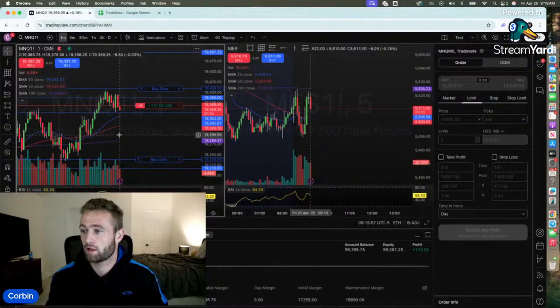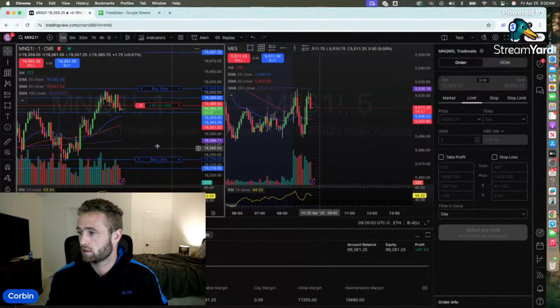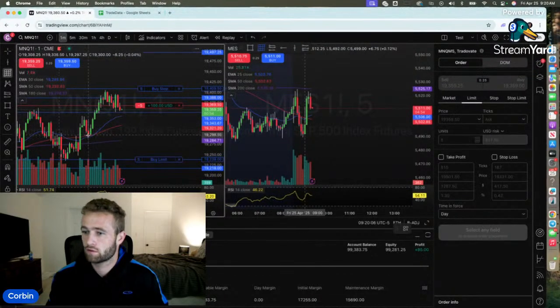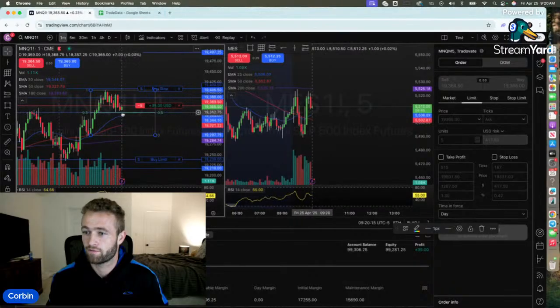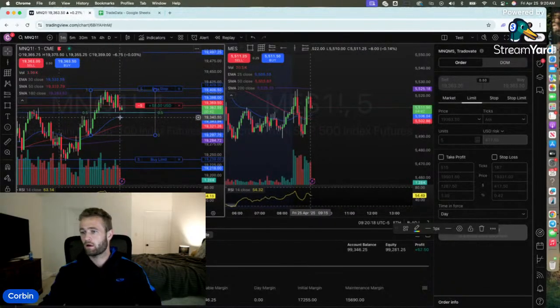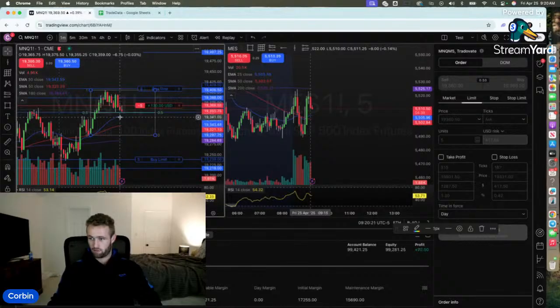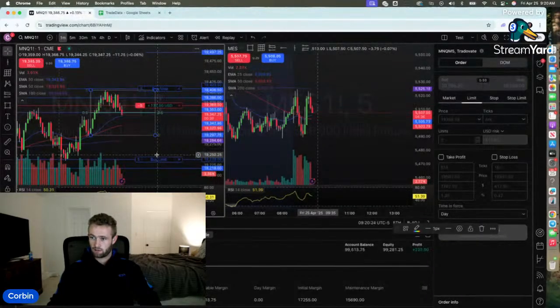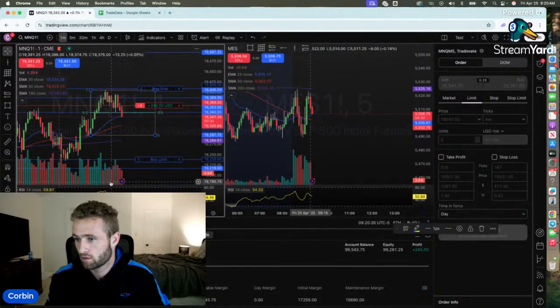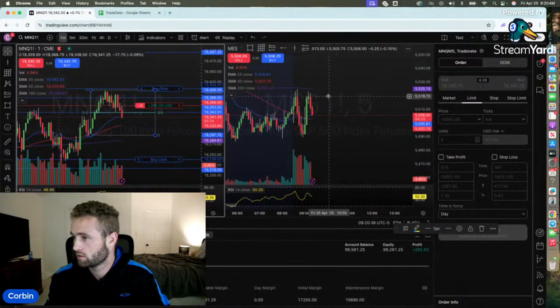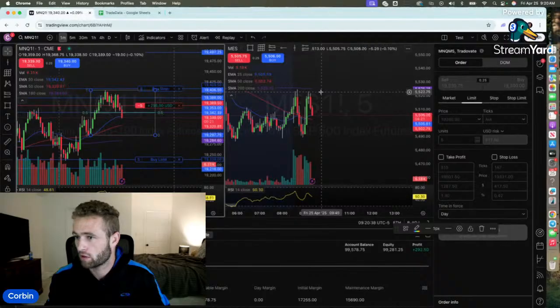The only thing that I would say would be concerning is to the upside, how it reacts to this level right here, the 50% equilibrium, because it could catch some momentum there and continue, but it looks like we're breaking structure right here, getting a nice push to the downside. And we had a lower high right there.